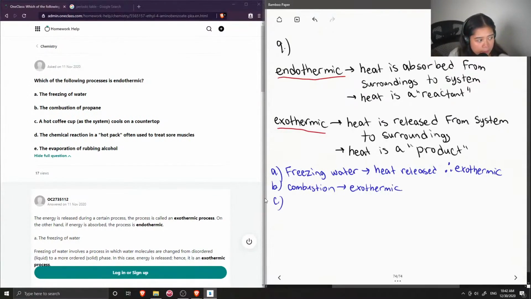C, we have a hot coffee cup as the system cools on a countertop. So coffee cooling. So this is similar to when water is freezing. The heat is being released from the system to the surroundings. So this is exothermic as well.